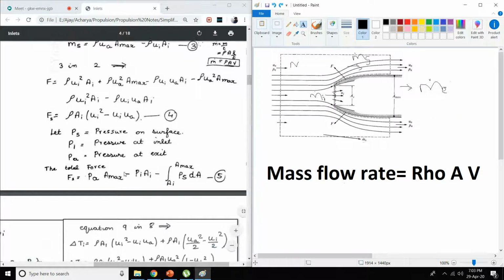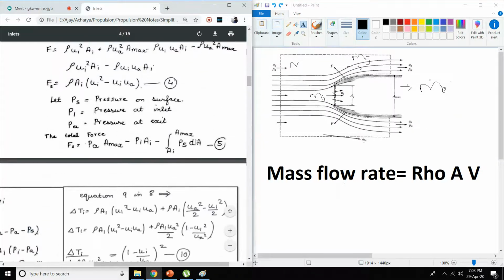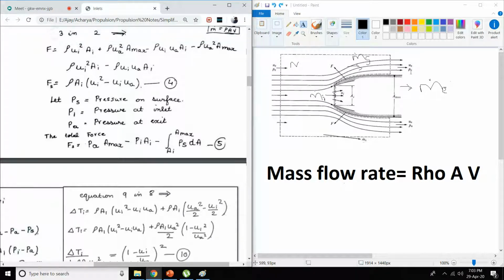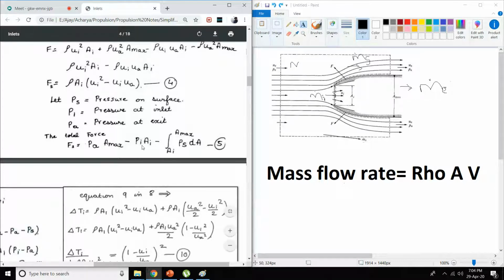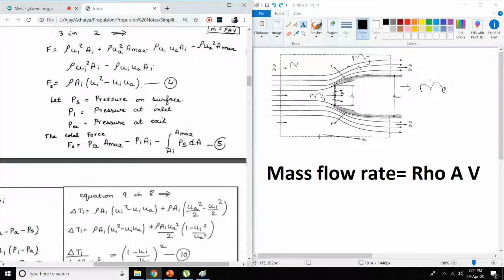Okay, so if you try to take all the pressure forces, so the pressure force fs can be now written as pa into a max, because at the outlet the pressure will almost be equal to the inlet, so pa into a max minus the inlet pressure pi ai minus the surface pressure on this surface.